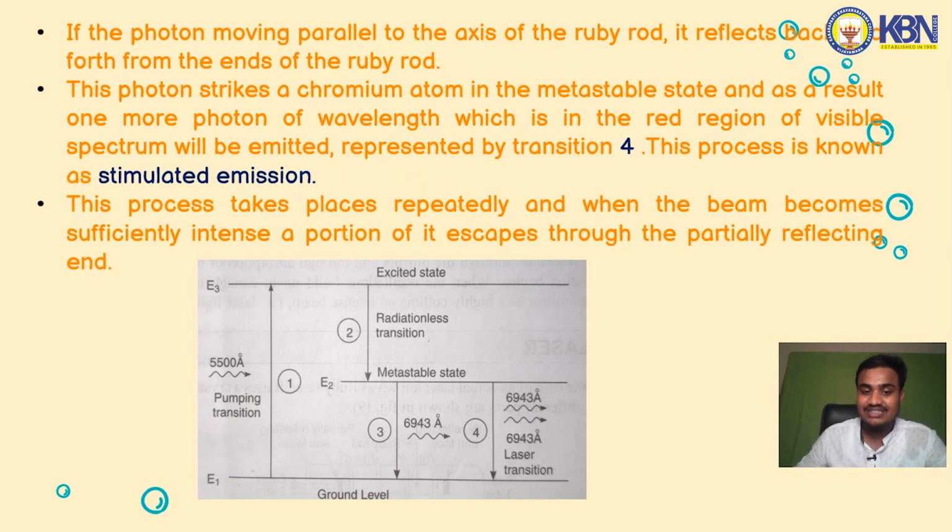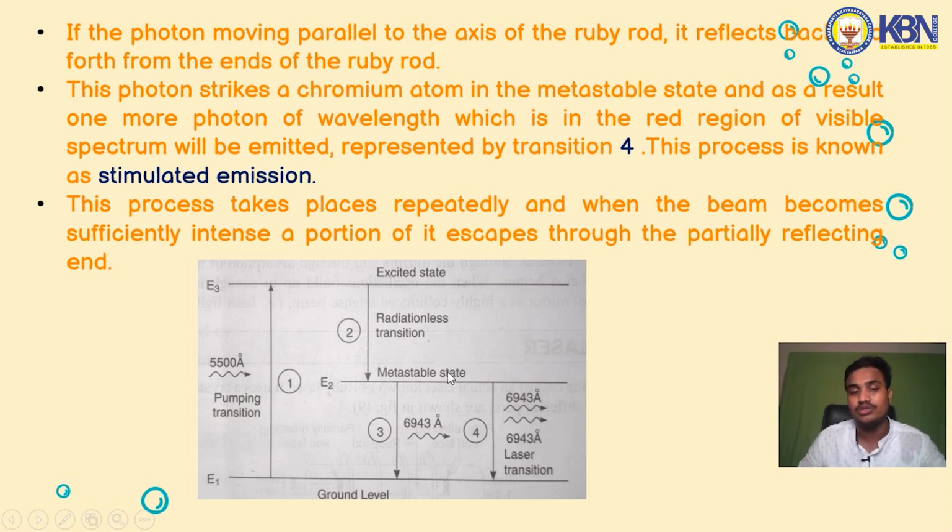Now after transition 3, this photon will travel in the active medium, hitting the two mirrors. While passing through, it will hit the atoms present in the metastable state.